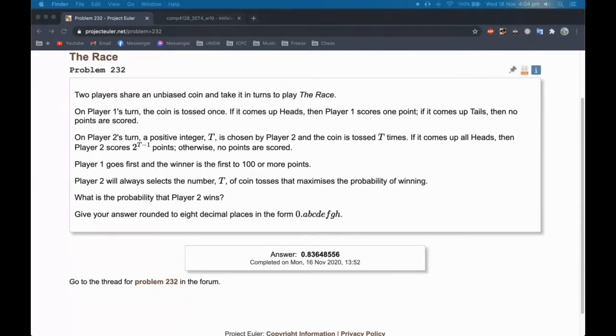So I guess the first place to start for this sort of problem is knowing that this is a game theory problem. So what's a game theory problem? Well, game theory problems are generally problems where two players are playing a game, and the rules of this game are very well defined, and each player takes turns doing some sort of action.